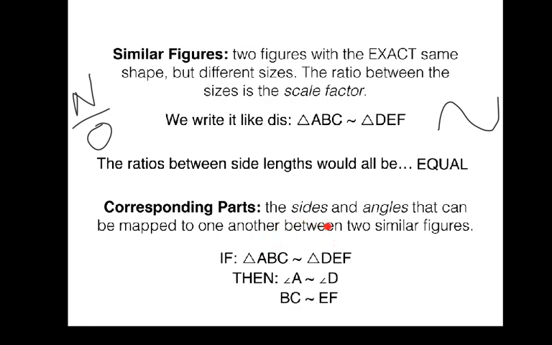That means that B and E would be corresponding and that C and F would be corresponding. It also means things like the side length of BC would be corresponding with the side length of EF, and therefore they would be similar. It really matters what order you write these in because there's a few different ways to get it right, but there is a million ways to get it wrong.